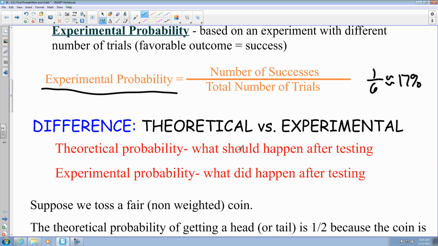Again, theoretical probability is what should happen after testing. Like when we rolled our cube, it should have been roughly 17%. And then we had the experimental, what actually happened. We actually had data, and sometimes it didn't get right next to 17%, but it was very close.